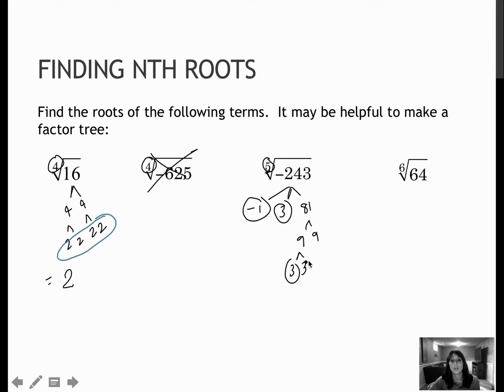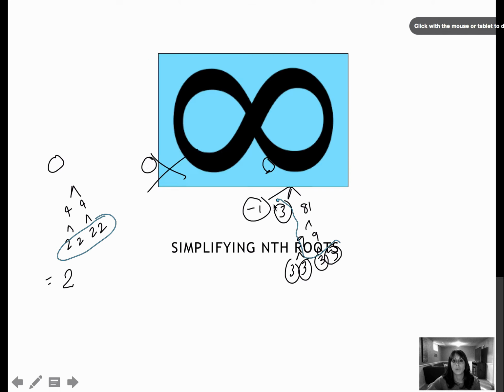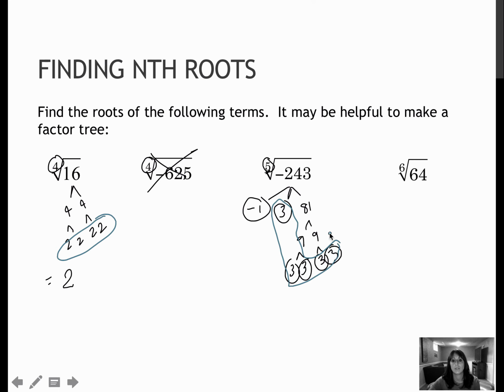Both of those break down into 3 times 3. I know I need a group of 5 things, and I have 1, 2, 3, 4, 5. 5 3's and a negative 1, so my answer is negative 3.